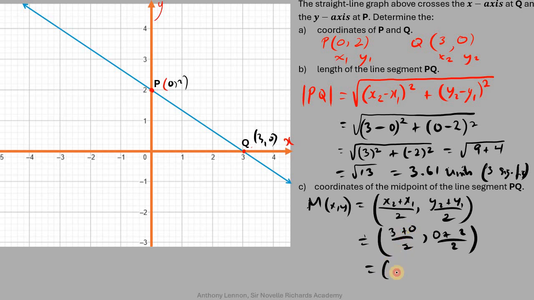Divided by 2 is 3 over 2. 0 plus 2 is 2. Divided by 2. And this will give us 2 goes into 3 once, remainder 1 over 2. Once you see the top is a bigger number than the bottom, in other words, 3 is being divided by 2. Okay, so our 3 is divided into 2 parts.